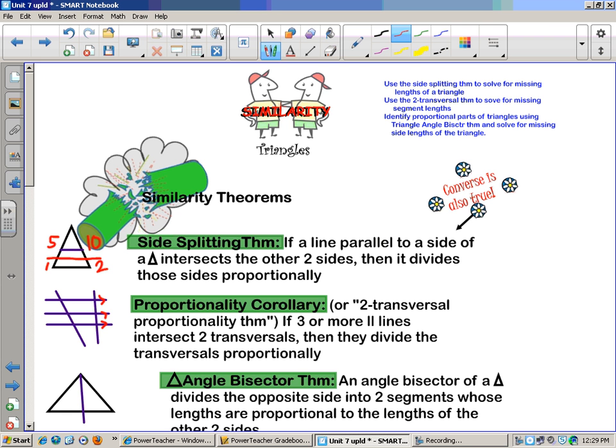So like if this is 2 inches and that's 3 inches, this piece over here would have to be like 4 to 6. They'd be in the same proportion, even if they're different lengths.